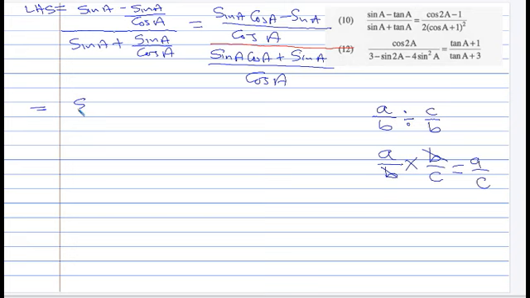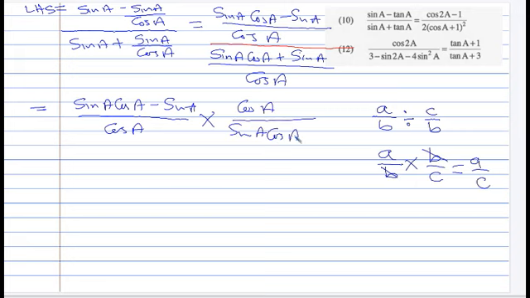So we have sin A cos A minus sin A all over cos A. It's division, so we can change it to multiplication just like we did here. We flip this one to have on top cos A all over sin A cos A plus sin A.